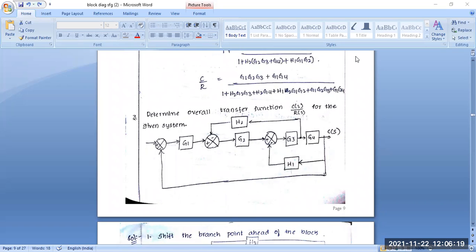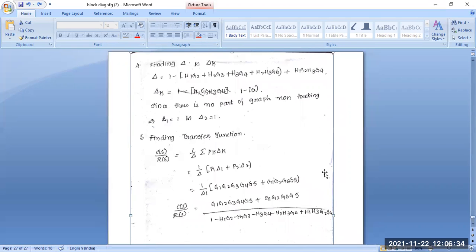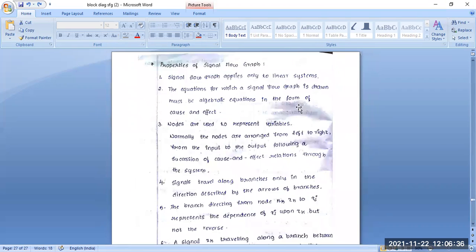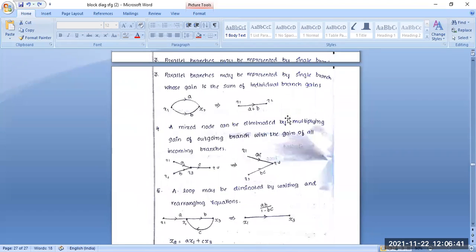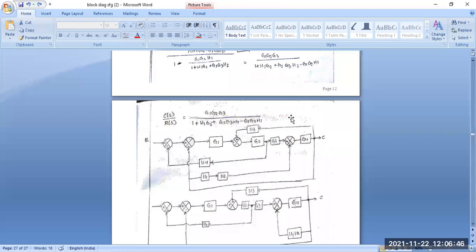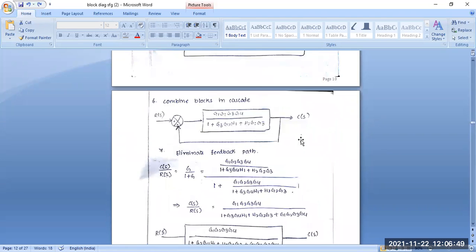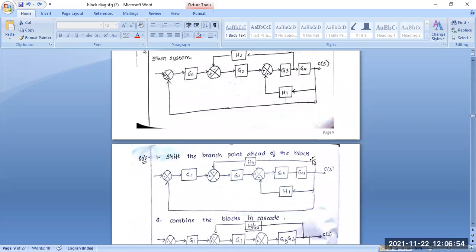Here you can see, first we have to shift the branch point ahead of the blocks.